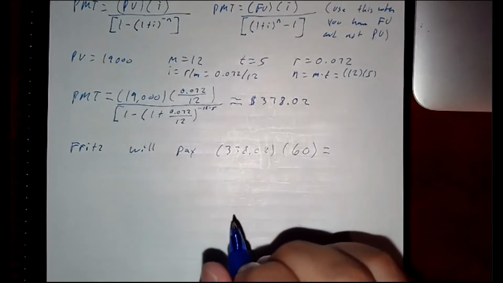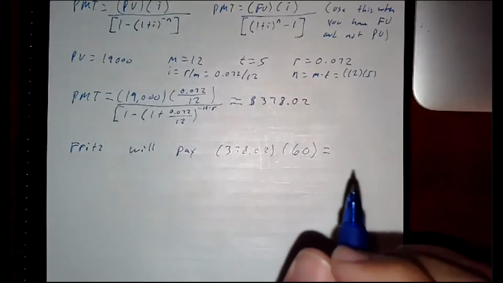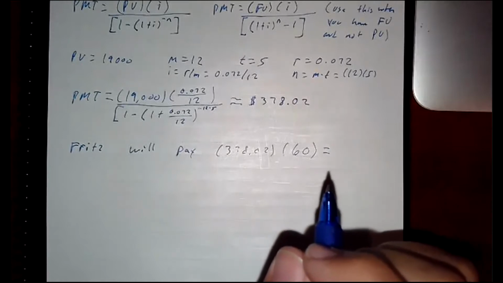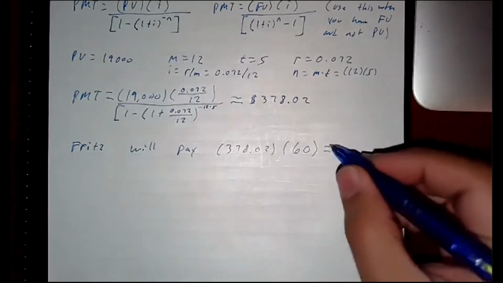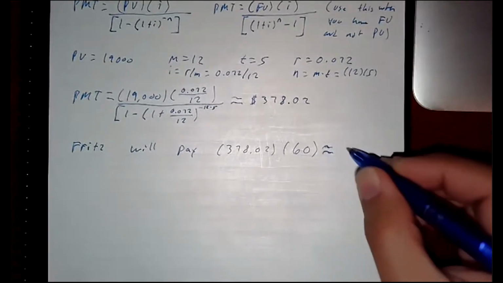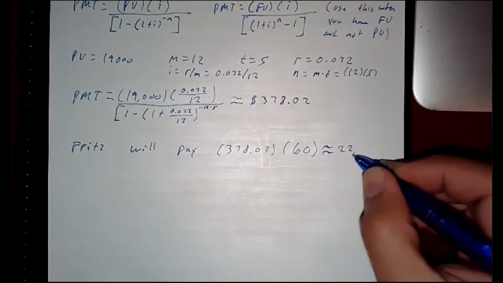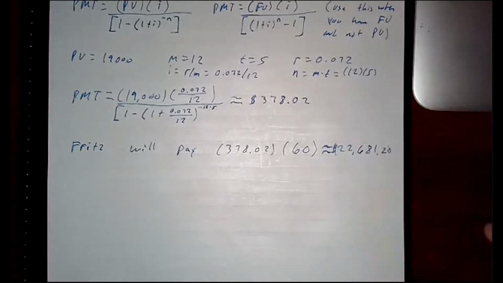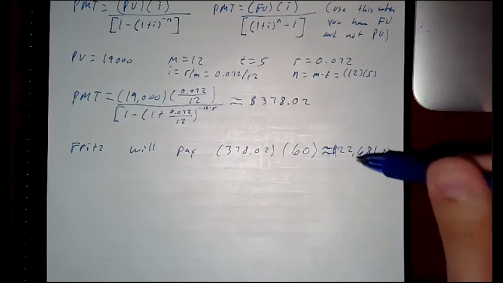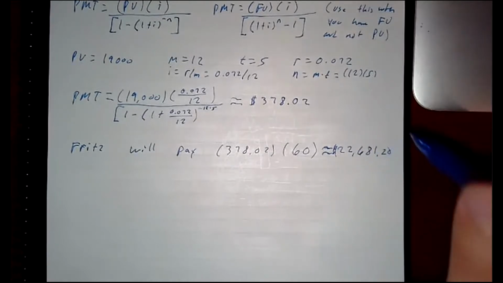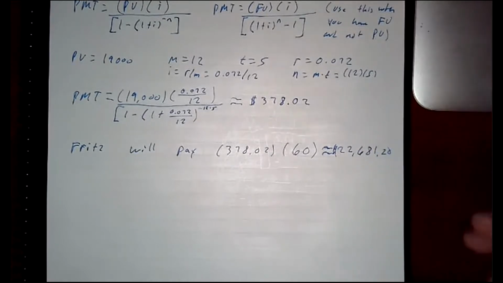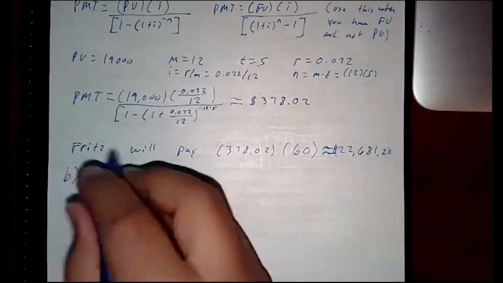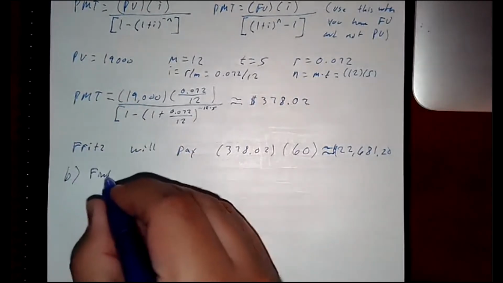So 378.02 times 60, approximately 22,681. So they paid 22,000 total, or they will. Part B said, find the total interest.